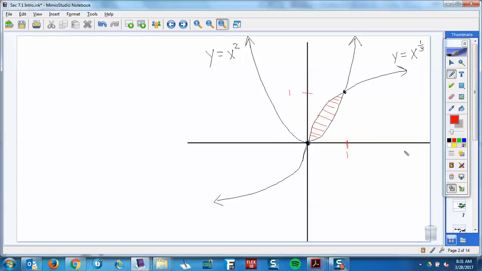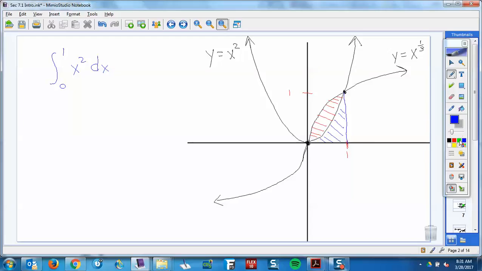So what could I do? What area? So if I drew a line right here, and I said, okay, here's this blue area. What's the blue area? That'd be the integral 0 to 1 x squared dx, right? That would be the area under the x squared graph.